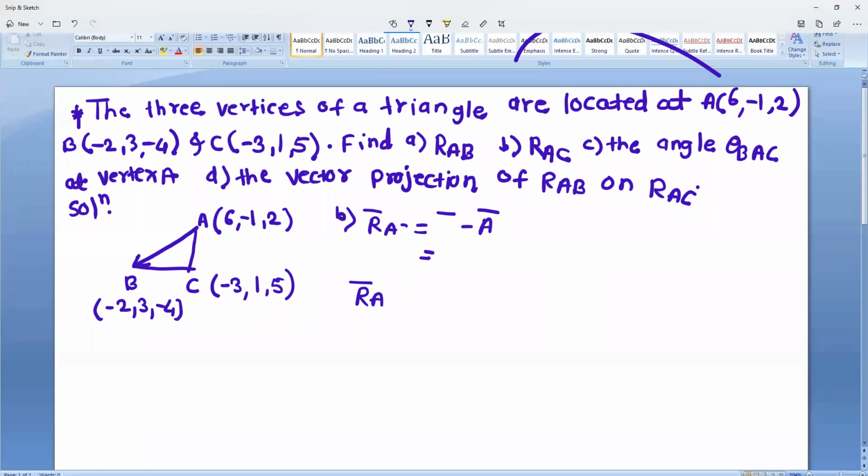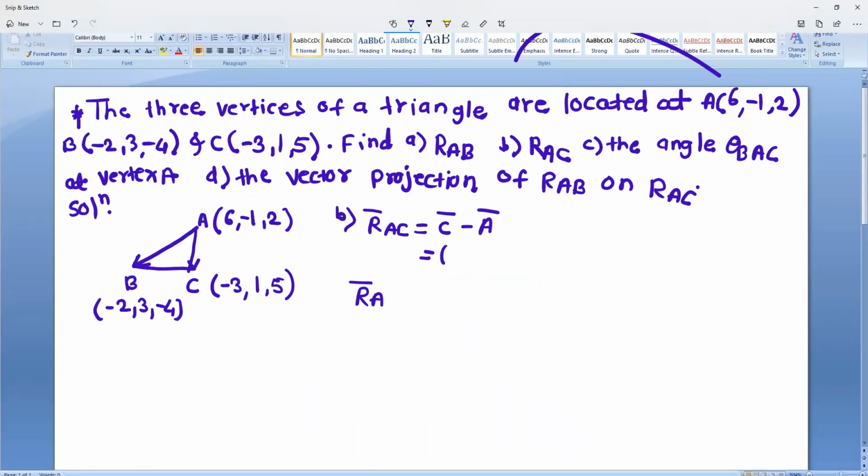RAC is the magnitude of vector R bar AC. So before finding its magnitude, we have to find the vector first. Okay, so this is the RAC vector. Its end point is C and start point is A. That's why R bar AC is nothing but C bar minus A bar.